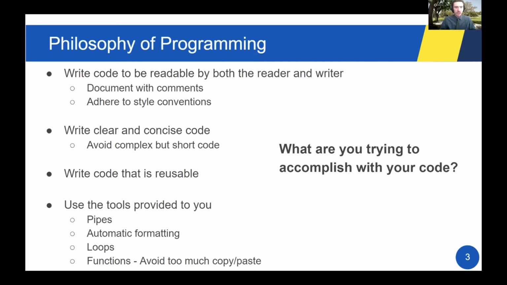But you also don't want a massive line of code that is pretty much impossible to understand. In some programming languages, you can write an entire game on a single line of code, but that is going to be a nightmare to troubleshoot and to have anybody else really understand it.